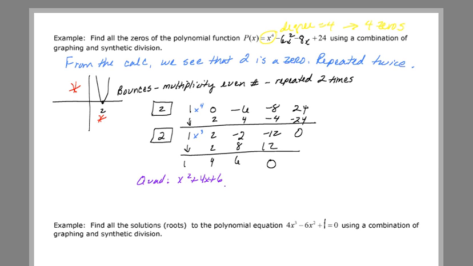Well, you know, once you're down to a quadratic, if it doesn't factor, and this one doesn't, we're going to use the quadratic formula. So recalling the quadratic formula, then putting in negative b plus or minus the square root of b squared minus 4ac all over 2a gives us this quantity under the radical, 16 minus 24.